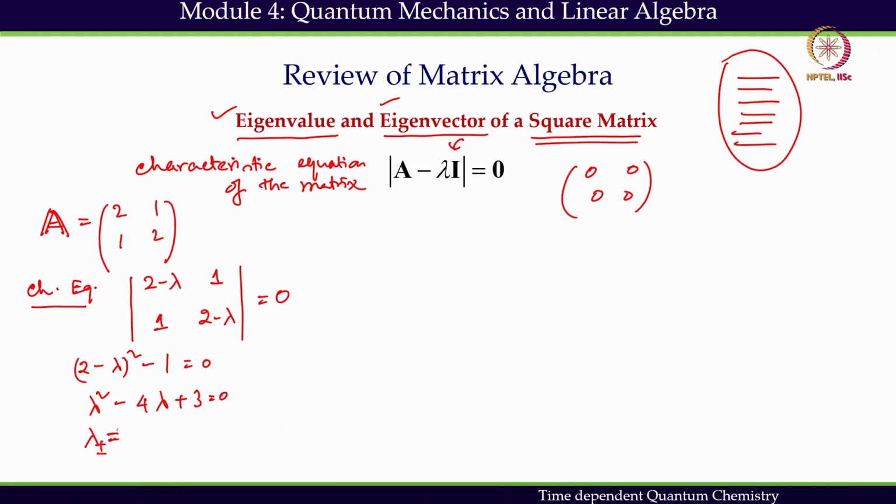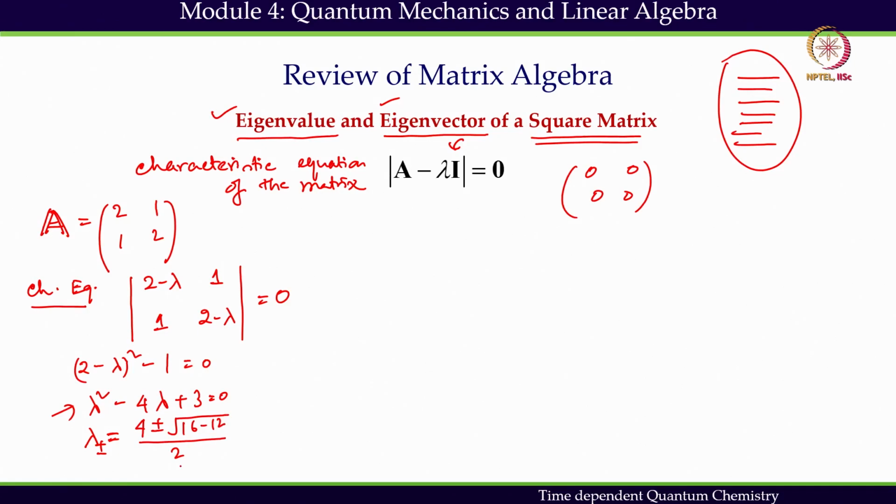I will get 2 values, because the order is 2, second order. So, lambda is going to be 4 plus minus square root of 16 minus 12, divided by 2. That is the root finding.